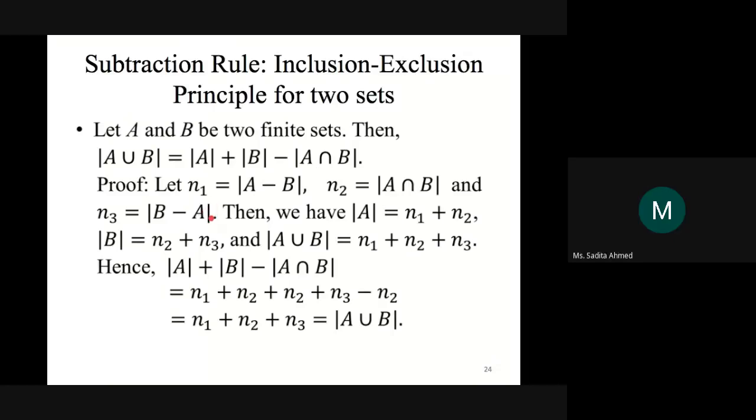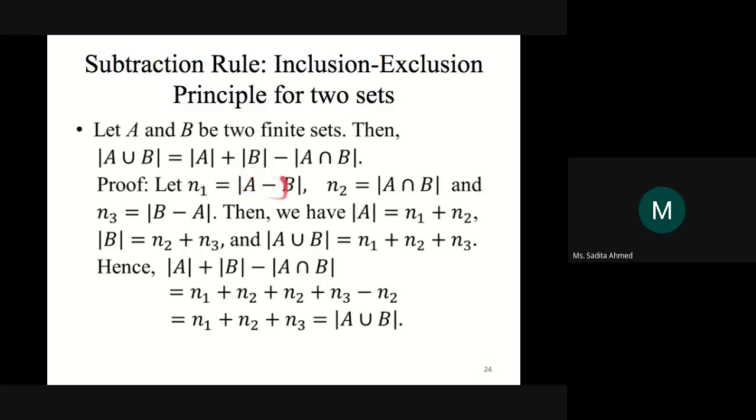Yes. Okay. Now, if we are asked to count the number of elements of A, can we not do that by summing up n1 and n2? Why? Because in n1, you have all those elements of A which are not in B. That is, from all the elements of A, you dropped those elements which are in common among the two sets, right?